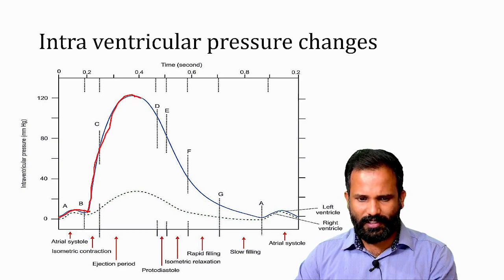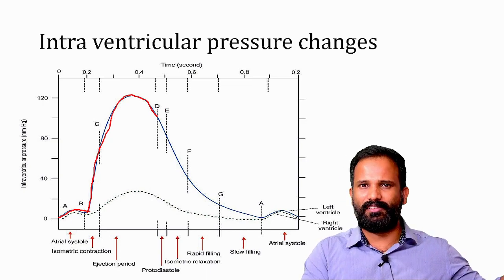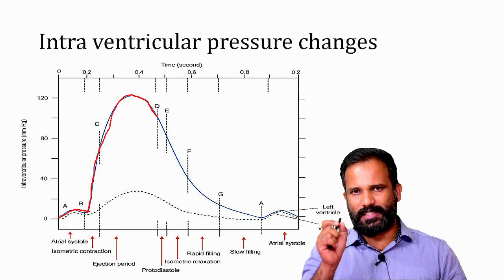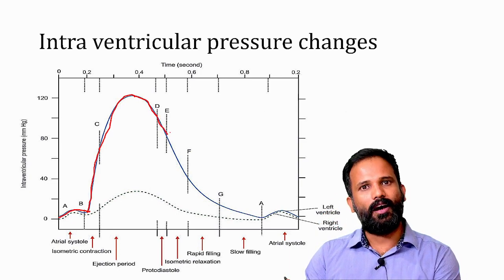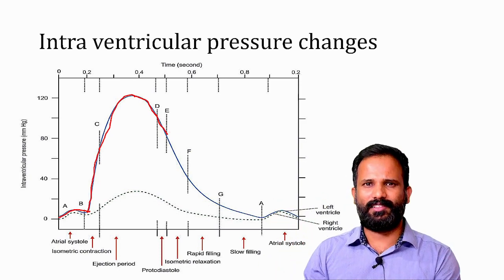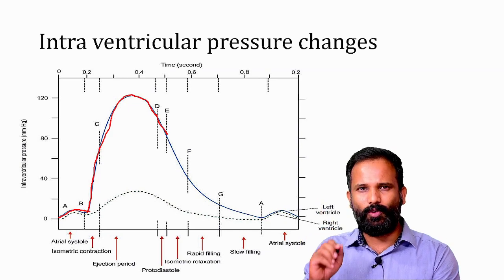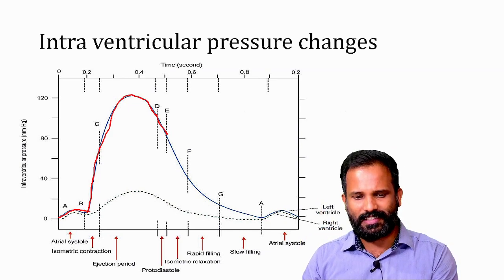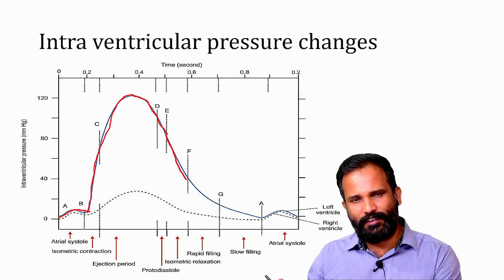Then occurs the rapid emptying, then the slow emptying. Again the pressure falls, but the fall is not beyond the initial rise. Now protodiastole, the ventricle is relaxing, so pressure falls. Now isometric relaxation: the pressure falls tremendously within a short duration and the volume of the chamber remains constant. So pressure decreased. Then the filling phase.